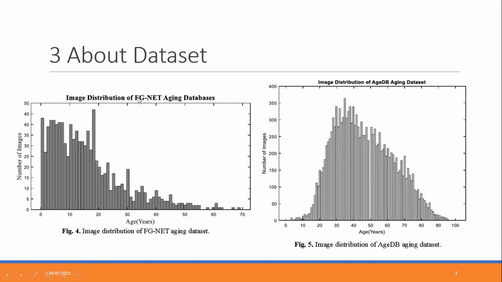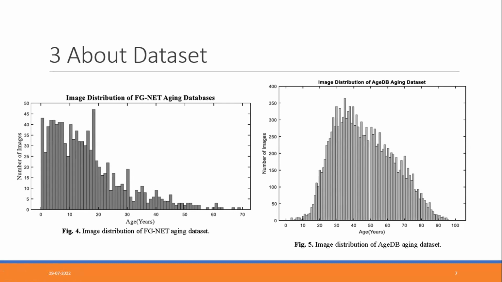FGNet is a small data set with only around 1,000 images, varying from 0 years to somewhere around 70 years, but the images belonging to the low age group are more, and those belonging to the high age group are fewer. My other data set, the HDB data set, is a wild data set.